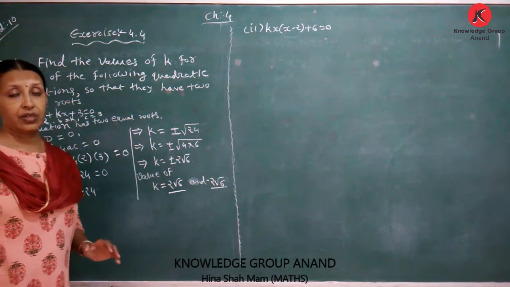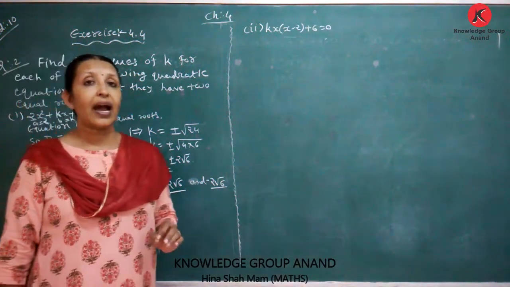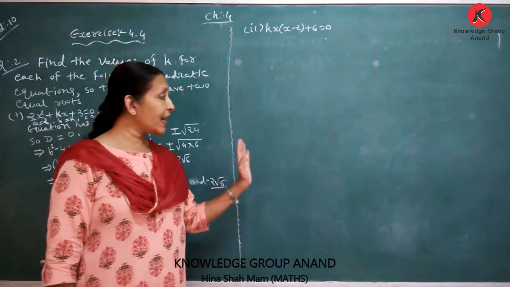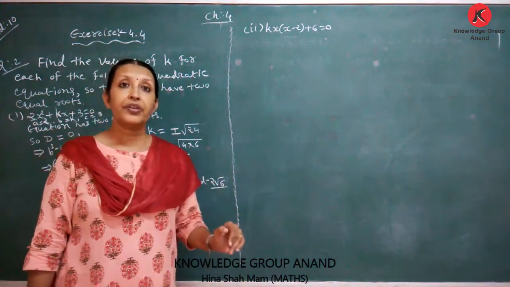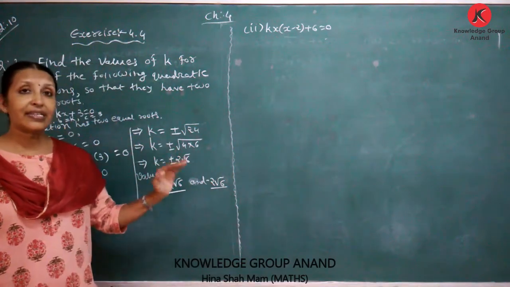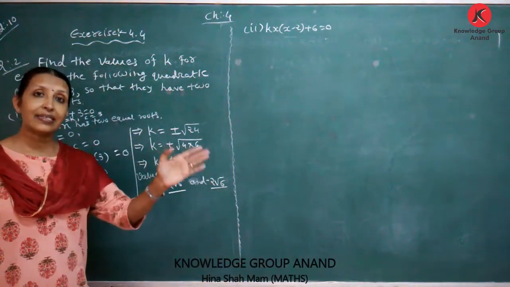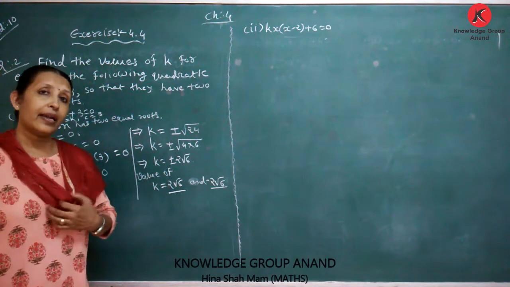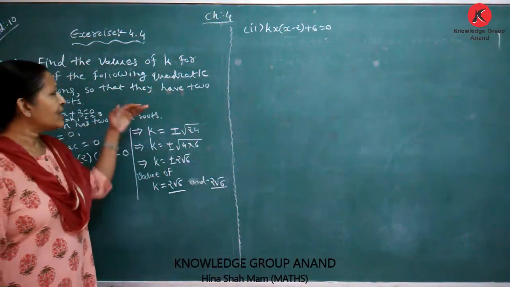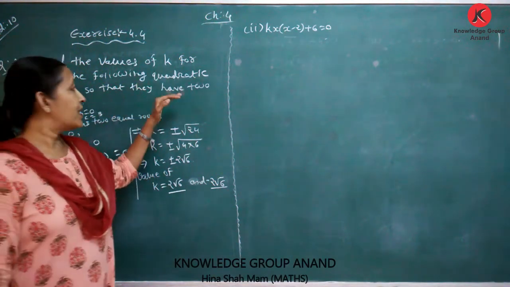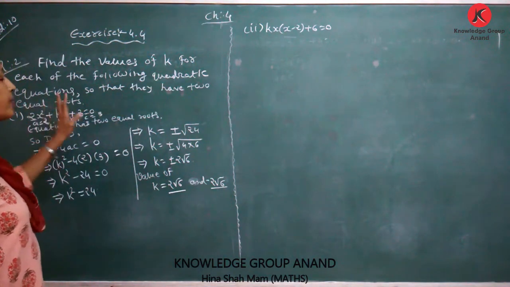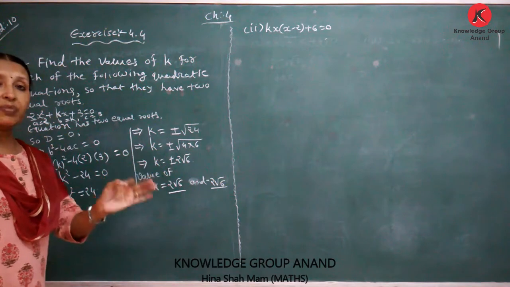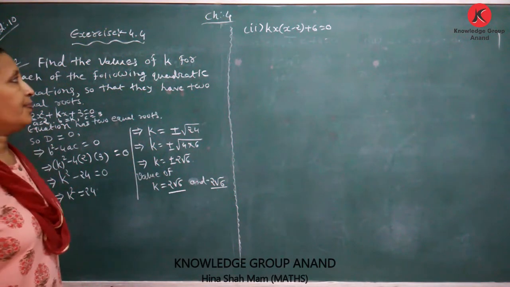Suppose in the question roots are unequal, then we write D greater than 0 and find k. If roots do not exist, then we write D less than 0 condition and find k. In this question, we are given roots are equal. Two roots are equal, therefore discriminant is equal to 0.